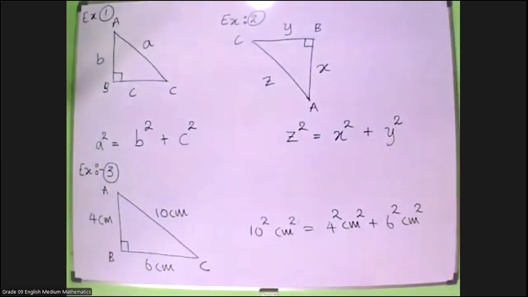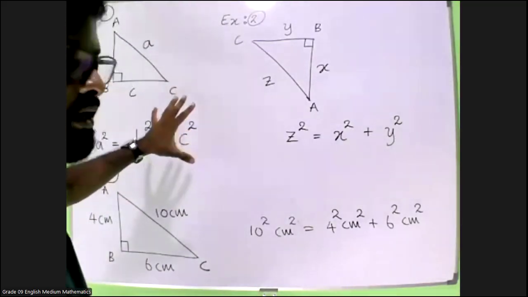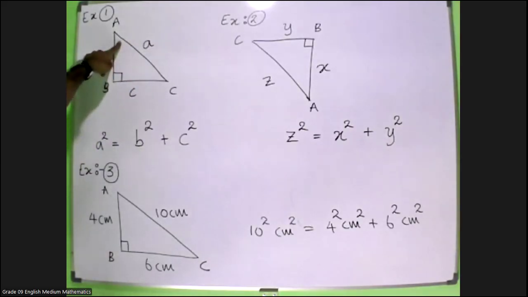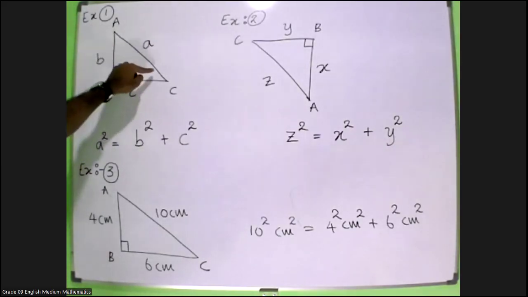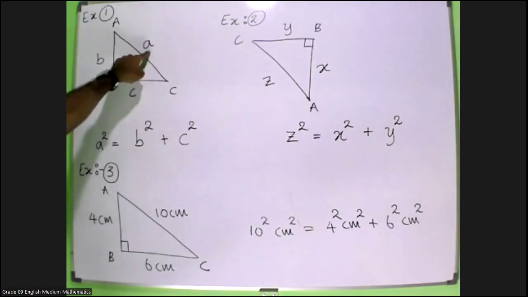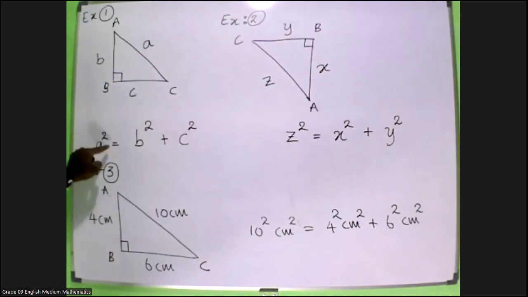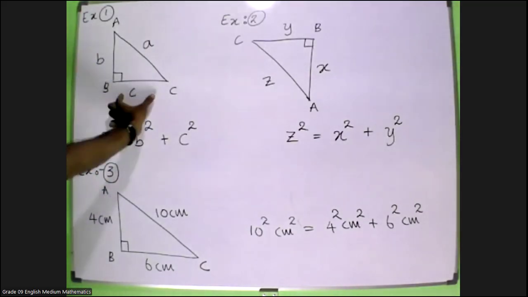This is the way that you are going to apply it. Please try to get the pattern now. Look at the board again. First of all, take the hypotenuse of the right angle triangle. Its length is A. So A square equals B square plus C square.